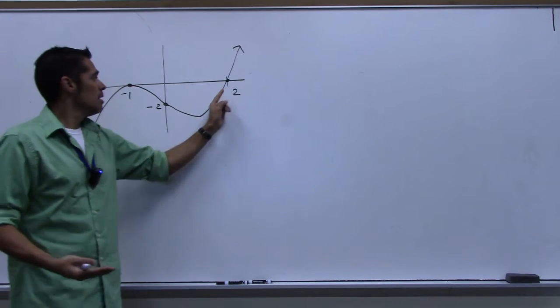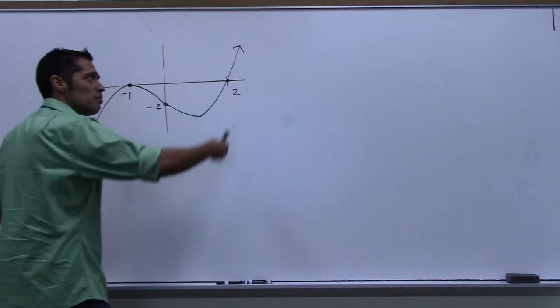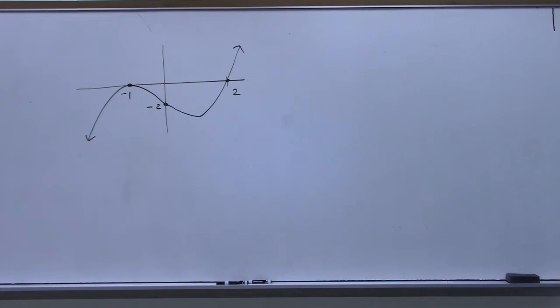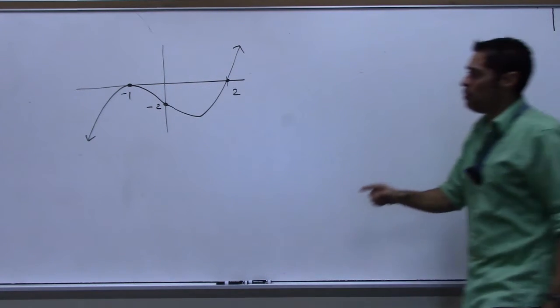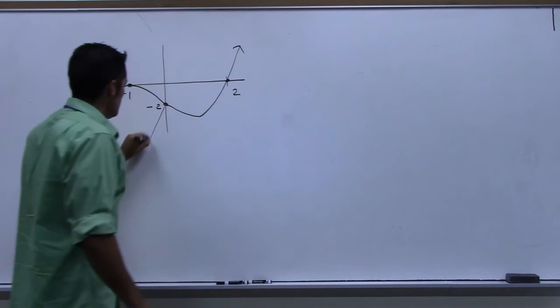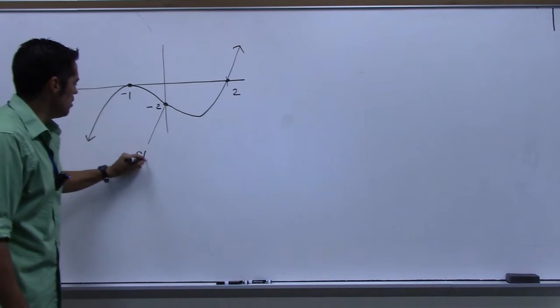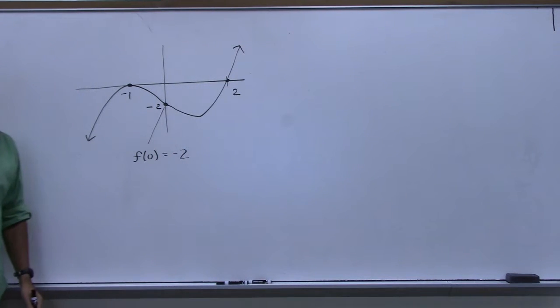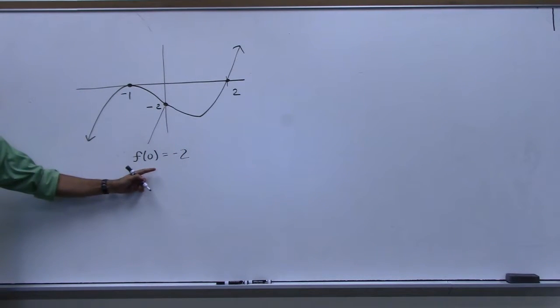Yes? The fact that the left side goes down and the right side goes up means that my degree must be odd and my leading coefficient must be positive. Right? And then finally, this point right here tells me that when I plug in 0 to the function, I should get -2 to come out. Do you agree? All right.